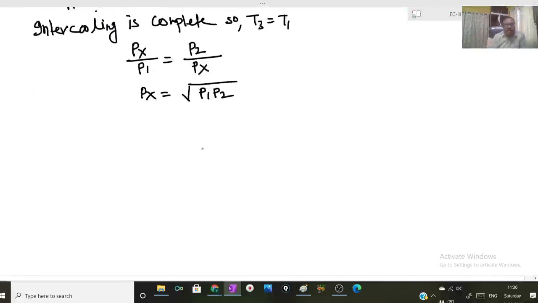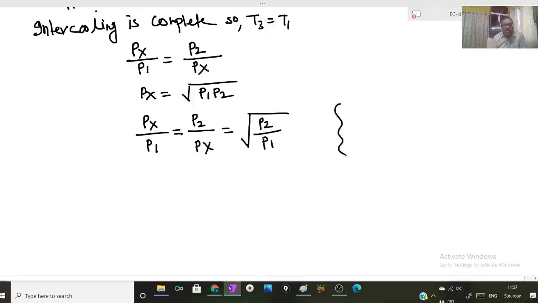Now once again, I don't know the value of P1, so I have to get this value in terms of pressure ratio. So the condition of perfect intercooling also says that Px by P1 is equal to P2 by Px is equal to square root of P2 by P1. So this is the condition for perfect intercooling.